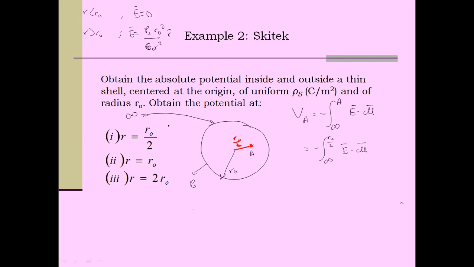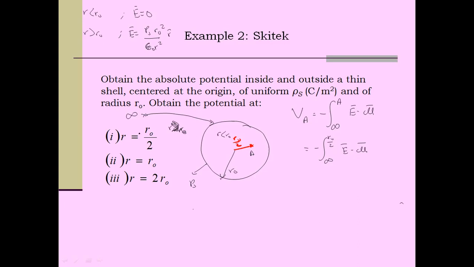The first one is for the region R bigger than R naught, and then further on, it has to pass through the electric field region R less than R naught. So a movement from infinity to R naught over 2 will require a movement of charge in two different regions of electric field.